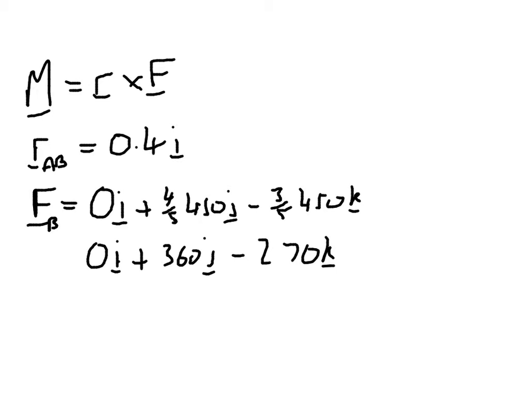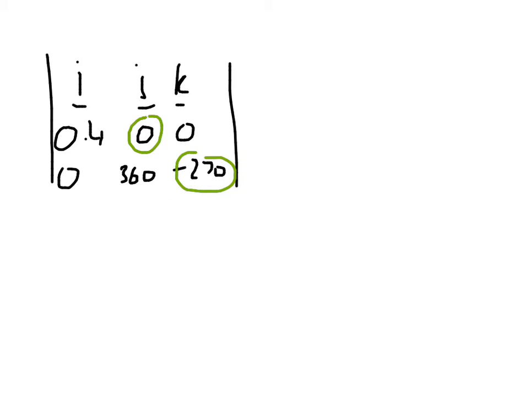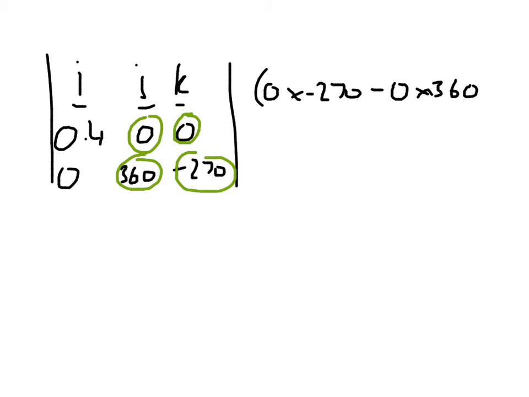And the final part of that we do our matrix. So i, j, k, 0.4, 0, 0, 0, 360, minus 270. So we're going to do 0 times minus 270 minus 0 times 360 i.